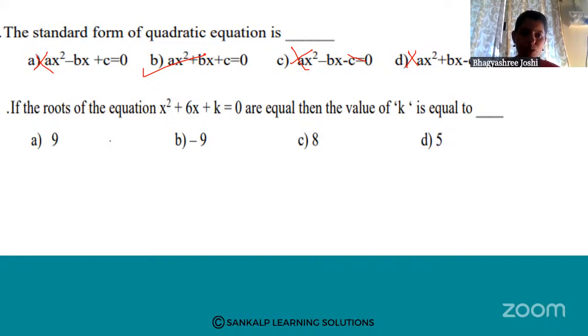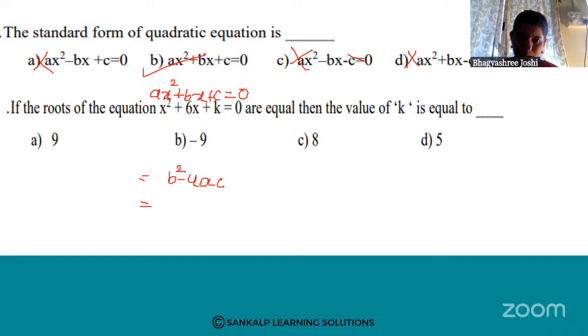If the roots of the equation x square plus 6x plus k equal to 0 are equal, then the value of k is? That means b square minus 4ac, delta, equals 0. This is of the form ax square plus bx plus c equal to 0, so a value is 1, b value is 6, c value is k.